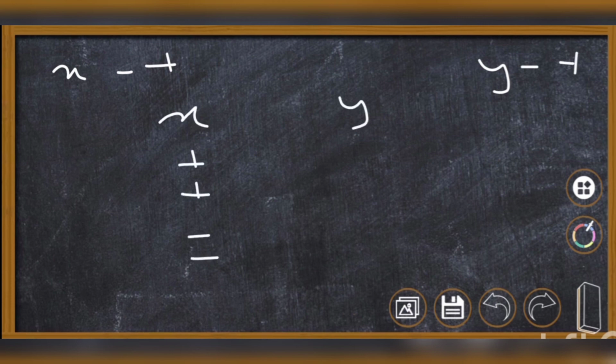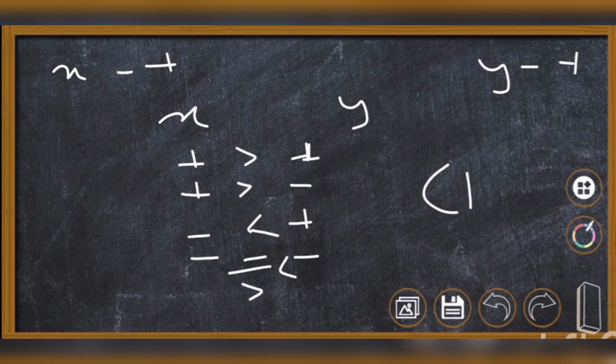So we will write plus and plus, minus and minus, plus and minus, minus and plus. So here x is greater, here y is greater, and here either of the two can be greater. So here it cannot be determined.